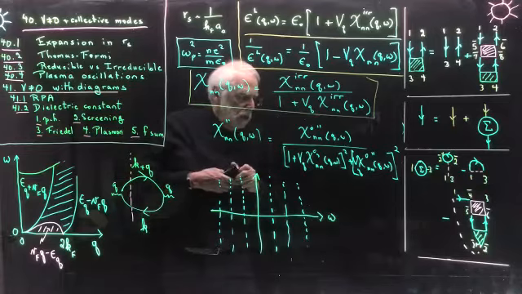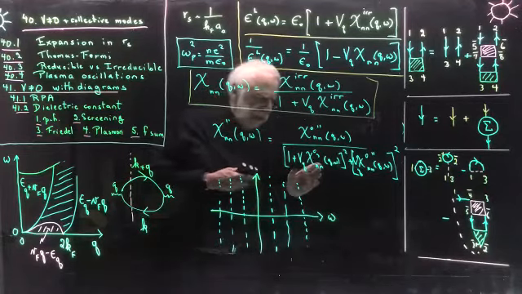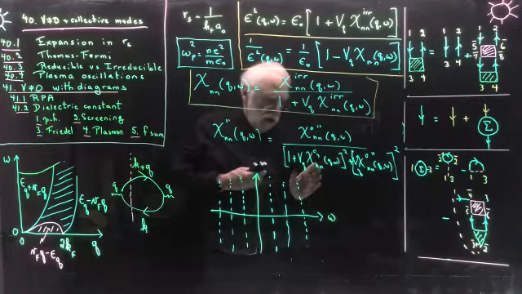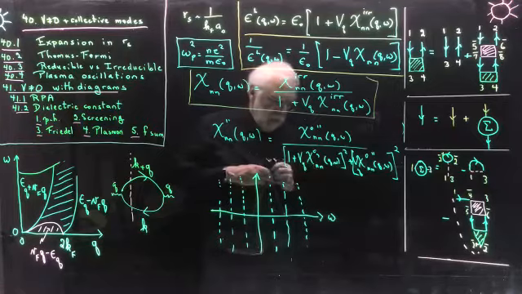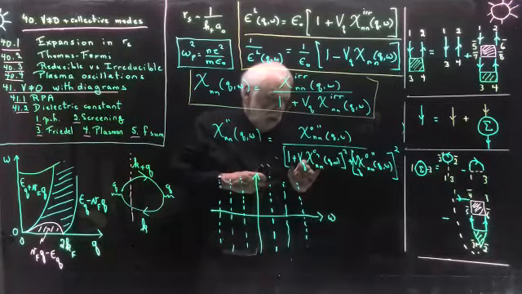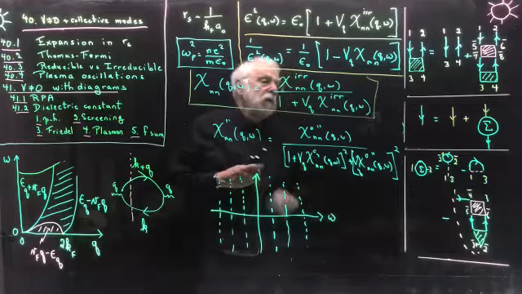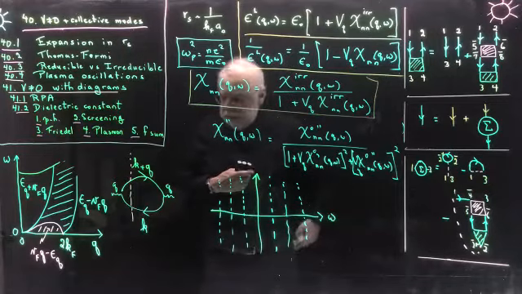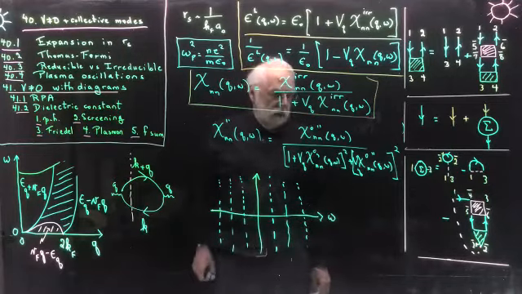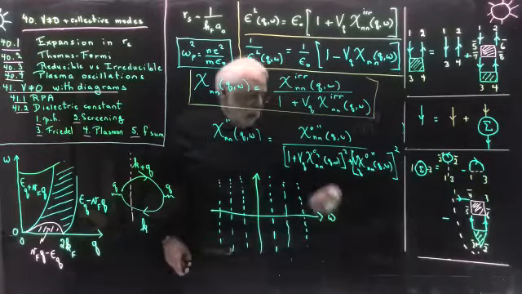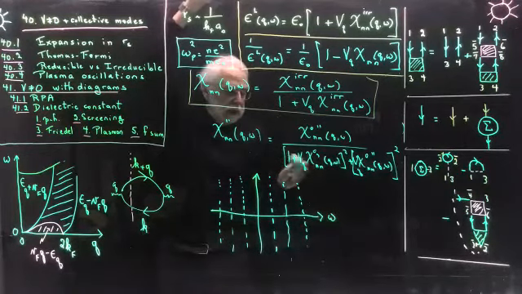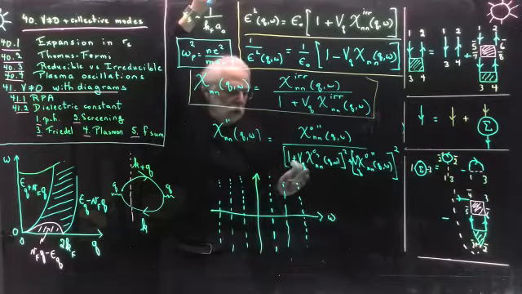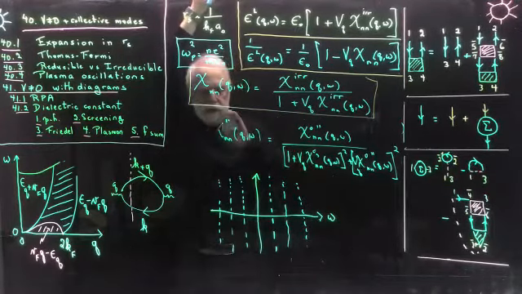Okay, so now if instead I want to know what are the places where this is 0? Okay, to find where this is 0, oh my God, no more space. So to find where this is equal to 0, you have to remember I have 1 plus V of Q times the real part of chi prime.